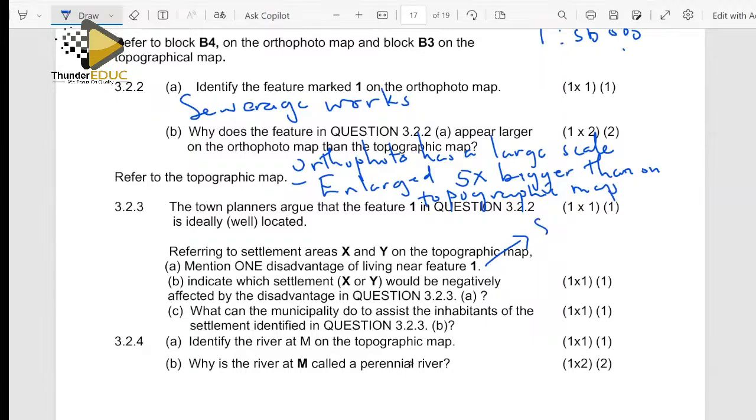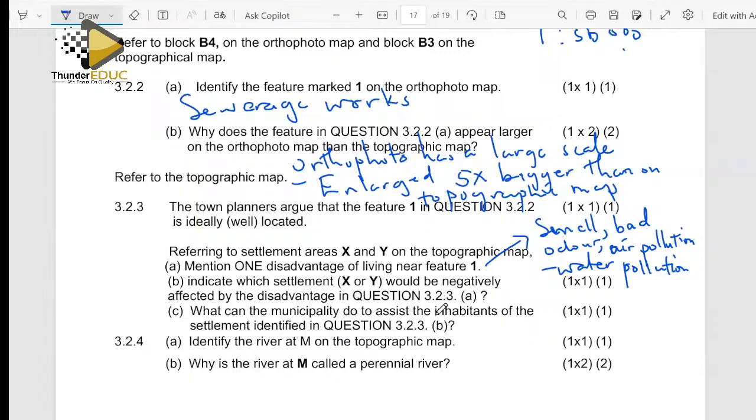They're going to have problems of smell, or we can talk of the bad odor, or air pollution, or water pollution can be possible. So that's the disadvantage of living near that feature.